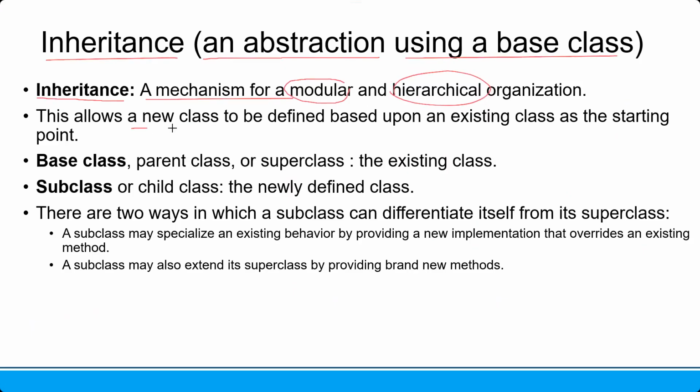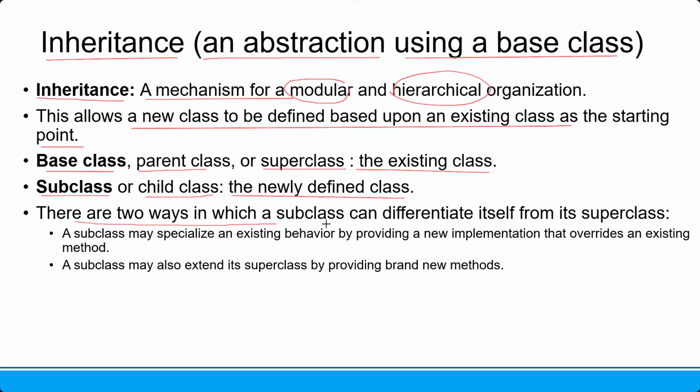This allows a new class to be defined based upon an existing class as the starting point. Later on, you will see base class or parent class or superclass, which refers to the existing class. And we can create a subclass, or child class, which is the newly defined class.